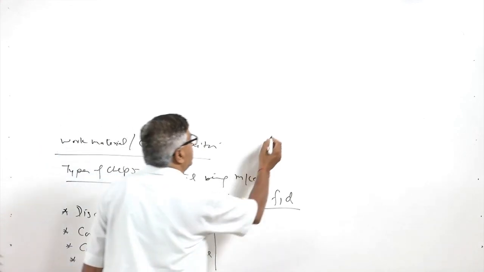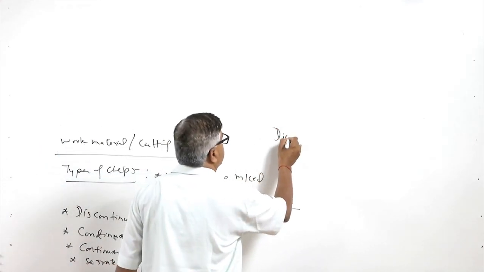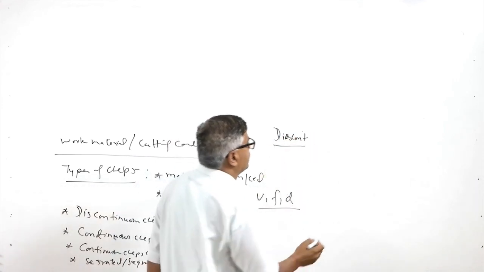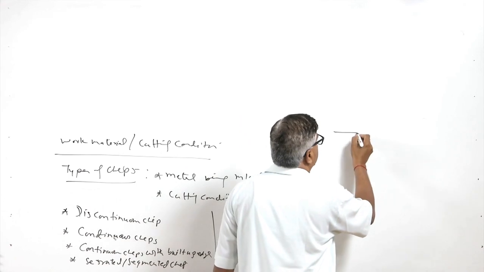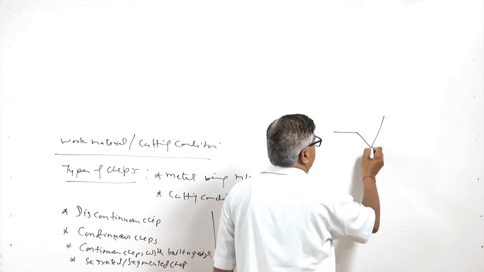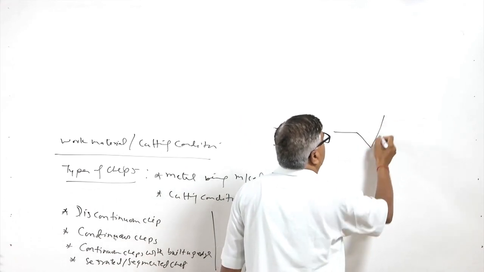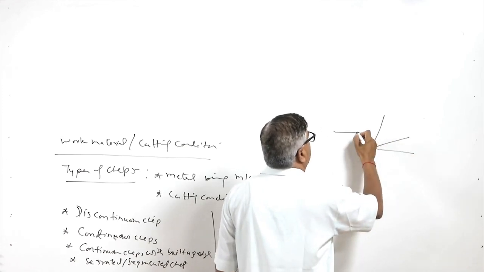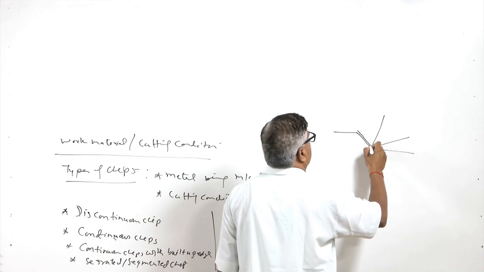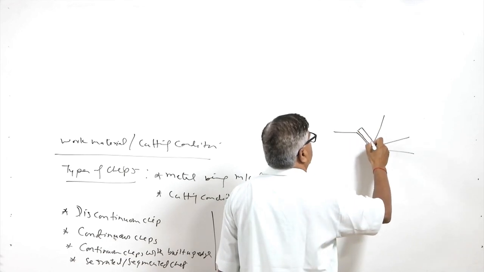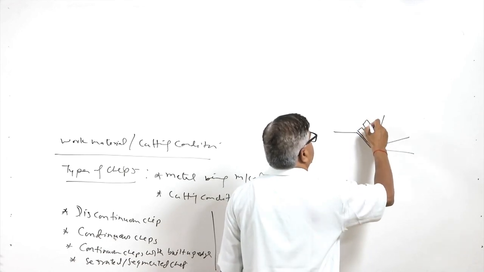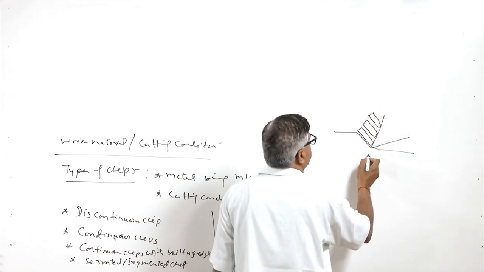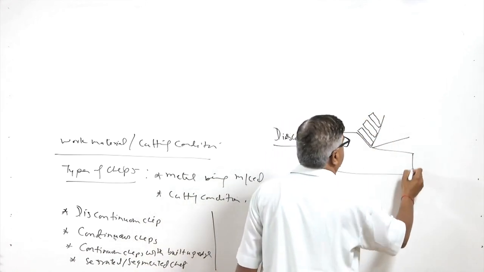Discontinuous chips are formed under a specific set of conditions, like during the machining of hard and brittle material. What we will see is that chips are formed in the form of small fragments like this. These will be separated from each other during the machining.